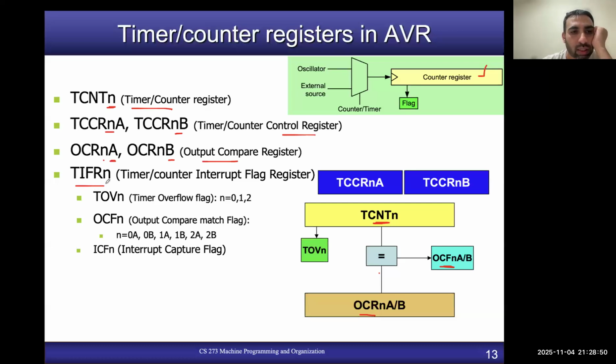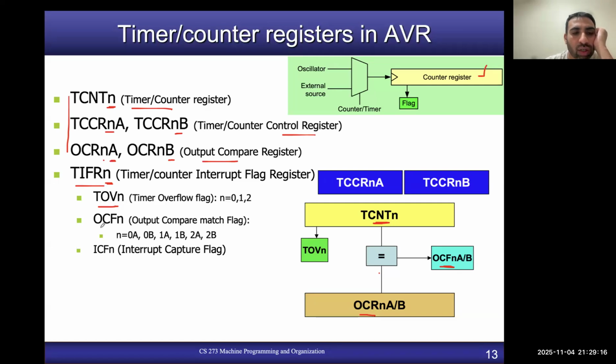Okay. Other than these three registers, we also have a timer counter interrupt flag register. Again, it is a separate register for each of the three timer or counter registers, like TIFR 0, 1, and 2. Within this register, you have different flags. You have a timer overflow flag, which will be 0, 1, or 2.